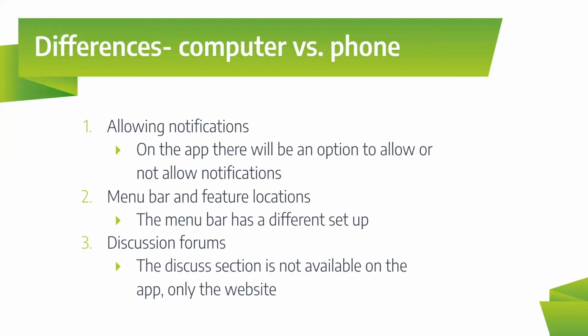The menu bar has a different setup compared to the computer, and this is just because the website is different from the app. So I will be showing you more about the different setup and to show you exactly where to find the different things as if you were on a website. And then lastly, the discussion forums. The discuss section is not available on the app. And if you're interested in doing this, you will have to go onto the website.